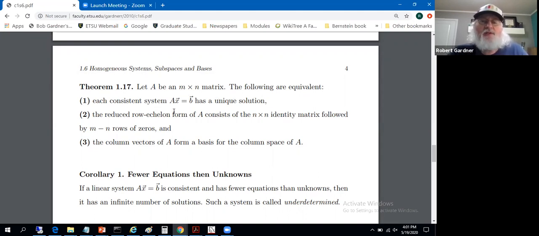Each consistent system, AX equals B, has a unique solution. How would you find that unique solution? M by N matrix, no longer a square matrix. How is it you get a unique solution out? Well, you take A, augment it with B, and you would need a pivot in every column.